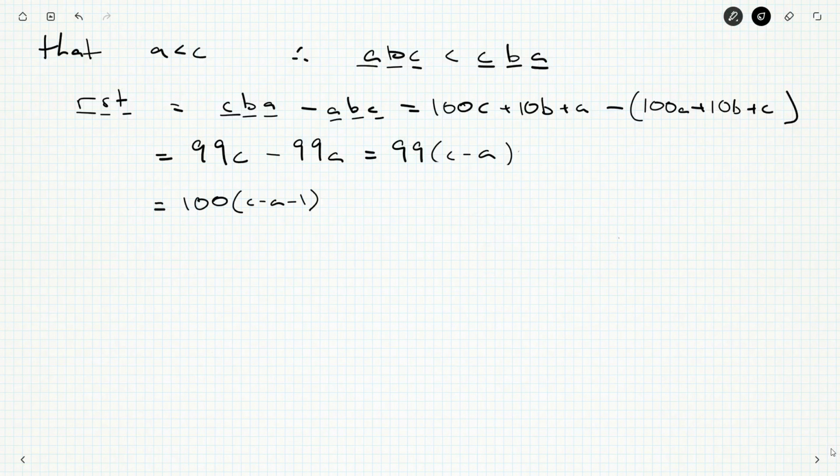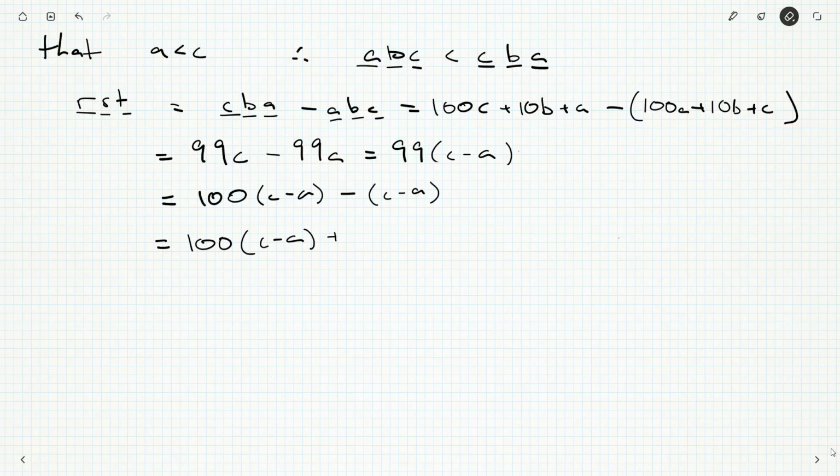So let's break it up into steps. This is 100(C minus A) minus (C minus A). But that's too big, it's too much for the hundreds. We shouldn't be subtracting, so we'll put it down by 1: minus 1 plus 100, so that cancels out the minus 1 there, minus (C minus A).